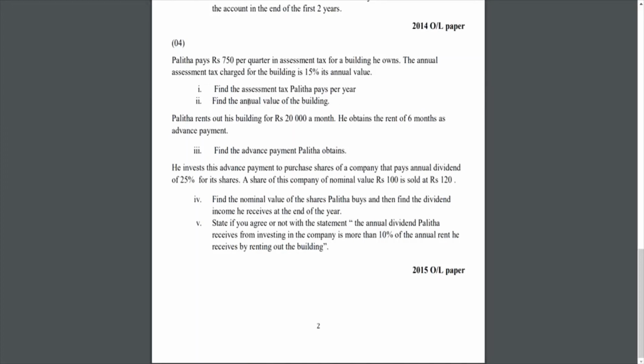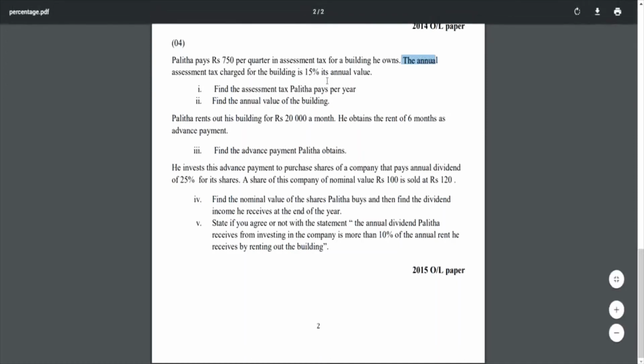Next they ask, find the annual value of the building. The question says the annual assessment tax charged for the building is 15% of its annual value. Now we found out the assessment tax he pays is 3,000 rupees. Now 3,000 rupees is 15% of the annual value of the building.